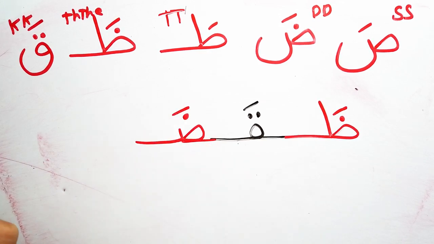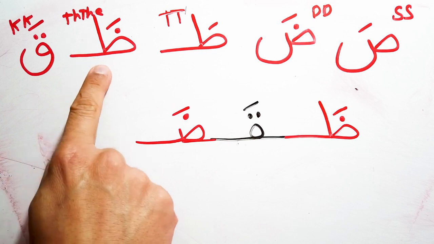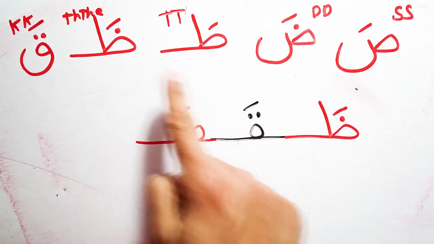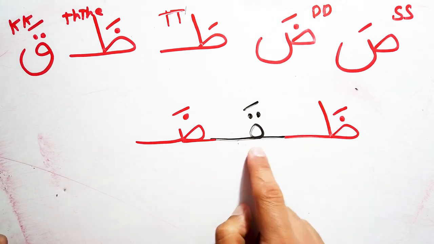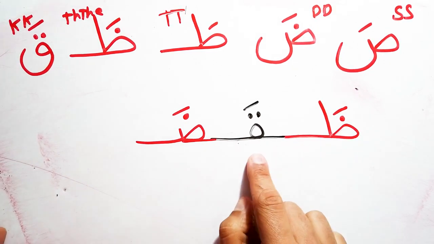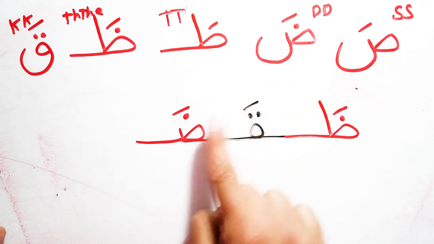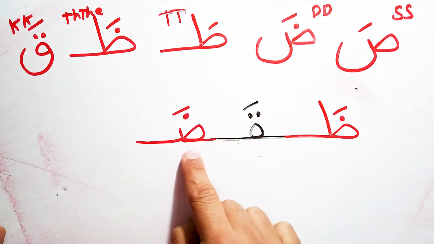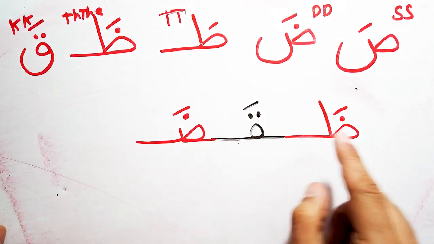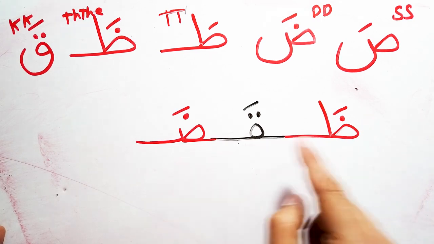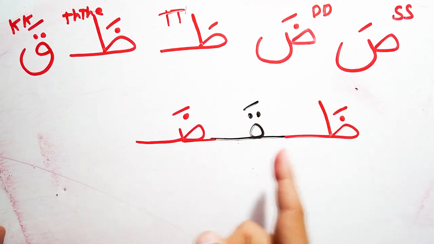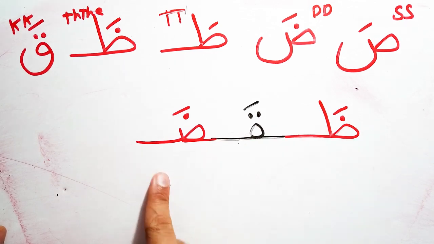So we have va, qa, ba, vaqa, ba. Everything is strong, okay? Strong accent.